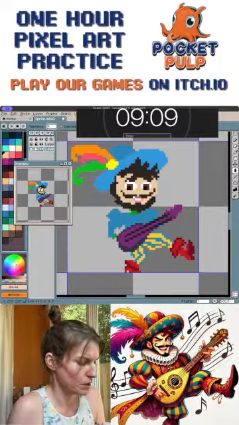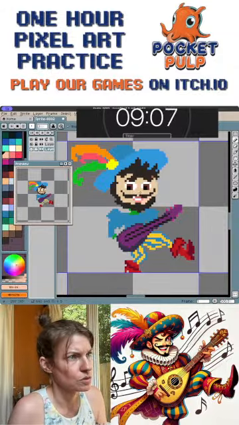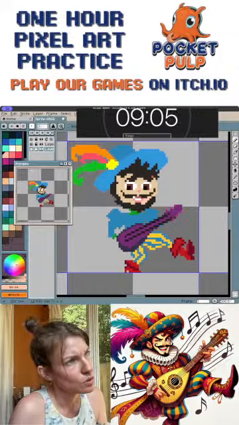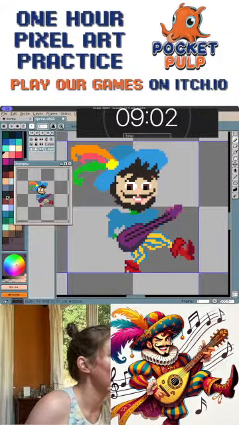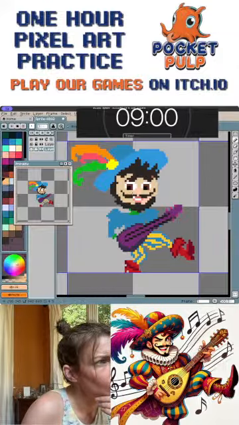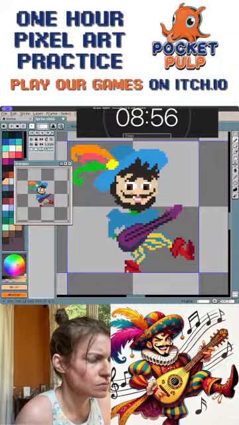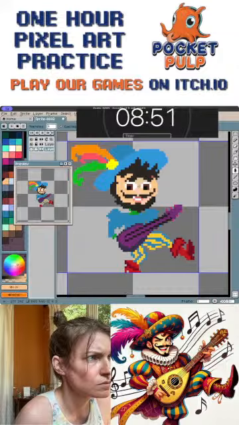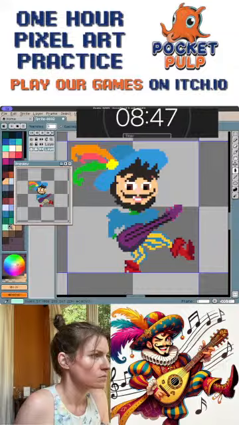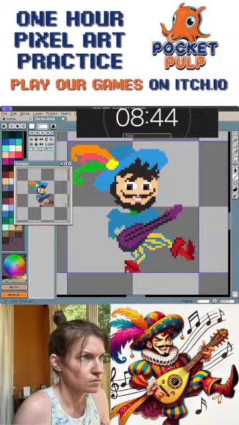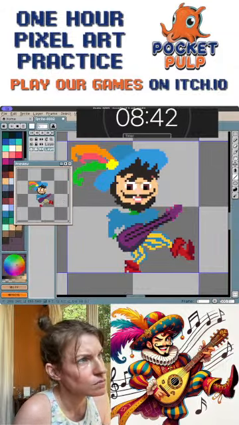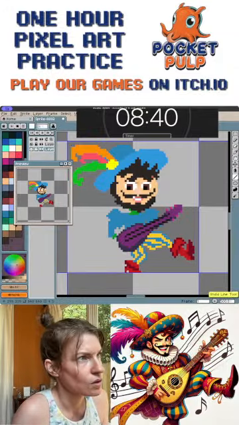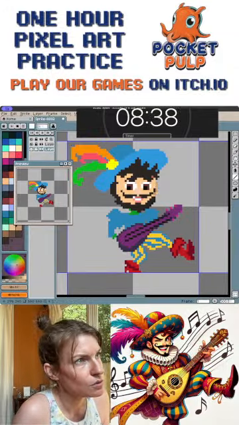Peachy color be the nose. This whole side should be shadowed.